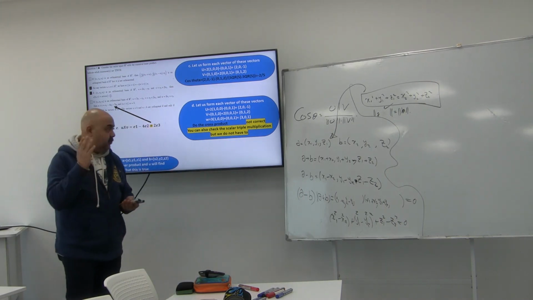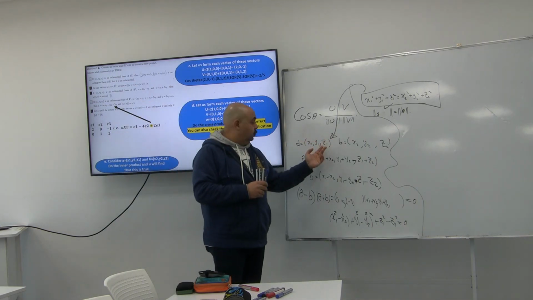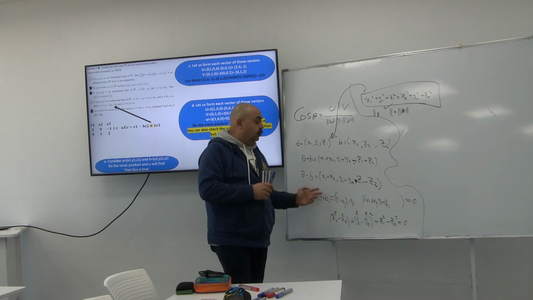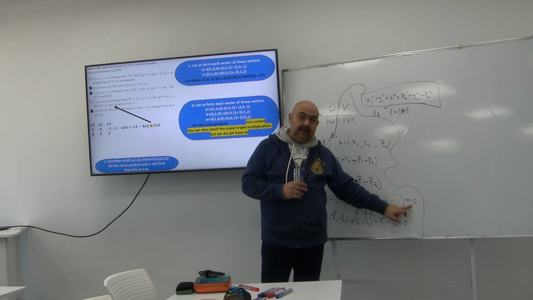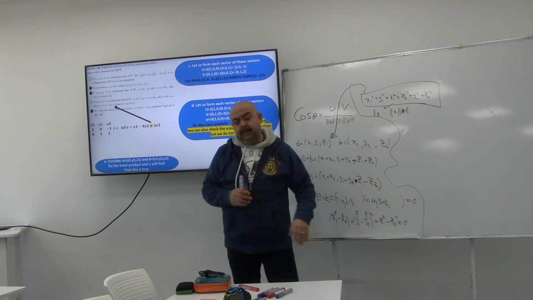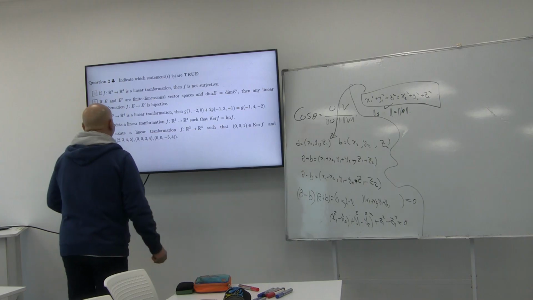All you have to do is assume the two vectors, take the inner product, put the condition for orthogonality equal to 0, and manipulate it a little bit, and you will come up with the condition for this problem to be correct.